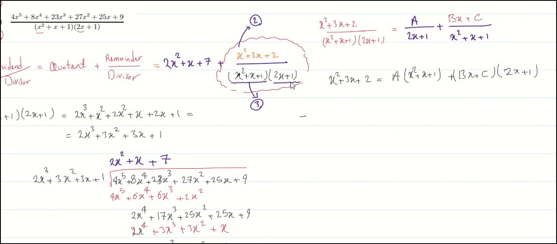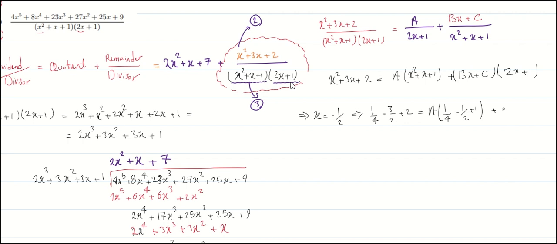So I'm going to say that if x is equal to minus 1 over 2, what would happen? The left-hand side would be equal to 1 over 4 minus 3 over 2 plus 2. On the right-hand side, we have A times 1 over 4 minus 1 over 2 plus 1.